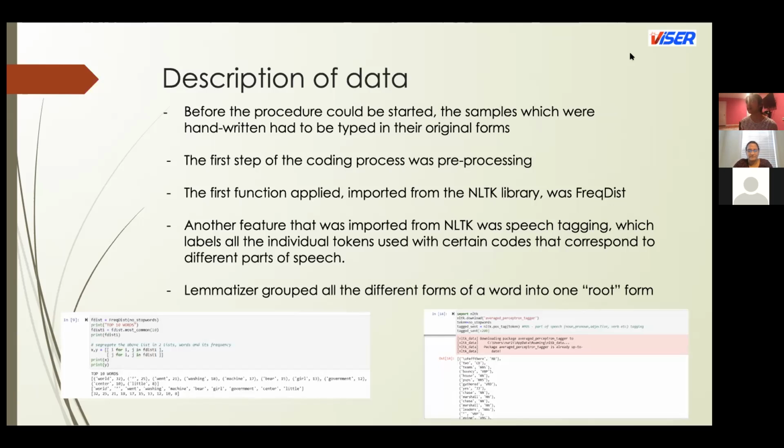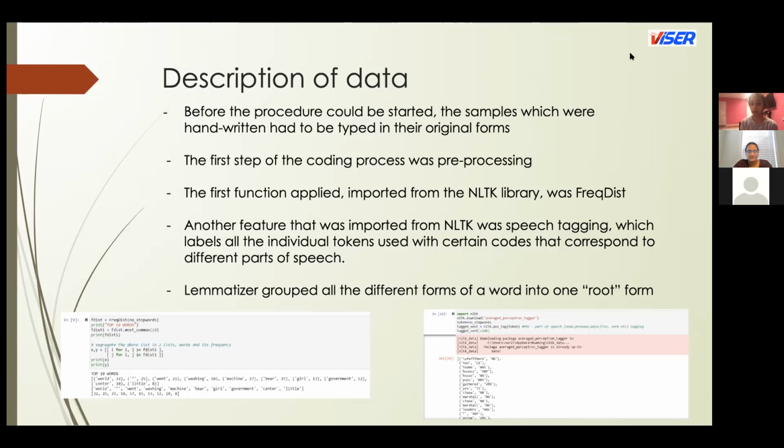I couldn't alter their punctuation, vocabulary, or any misspellings, because then you wouldn't get a true sense of what they wrote. After typing up all the samples and making sure everything was functioning, the first step was pre-processing, on Jupyter Notebook, which is where I ran the program.